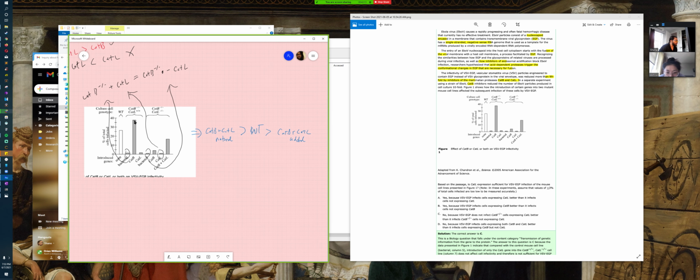Because I'm looking at the largest one over here, which has cat L natural and then cat B added. And then the next highest peak is just the wild type. And the third highest is without these naturally there, but the genes added afterwards, in terms of infectivity. Yeah, makes sense.